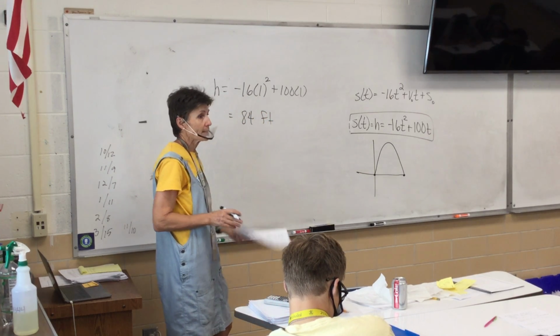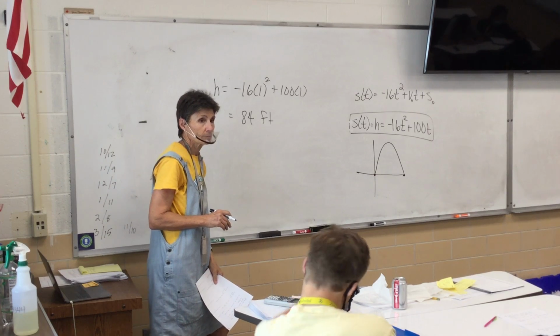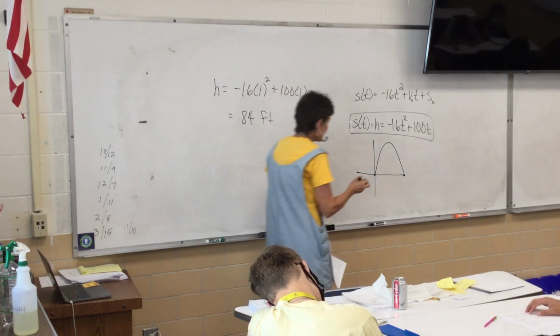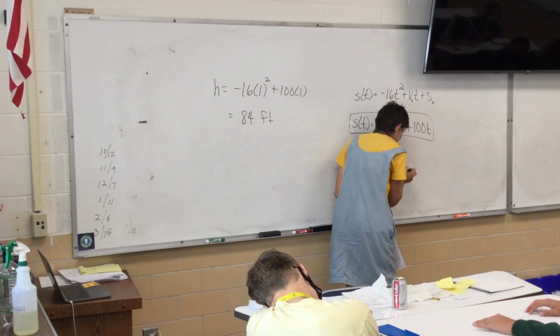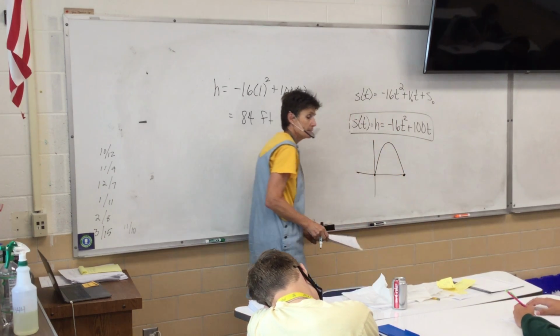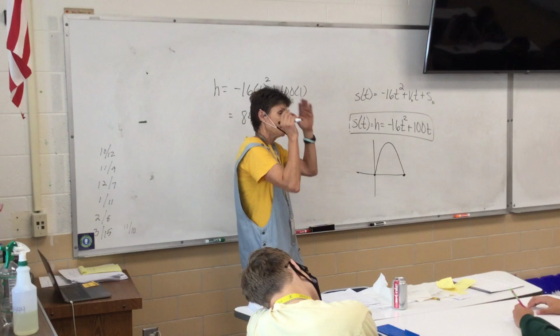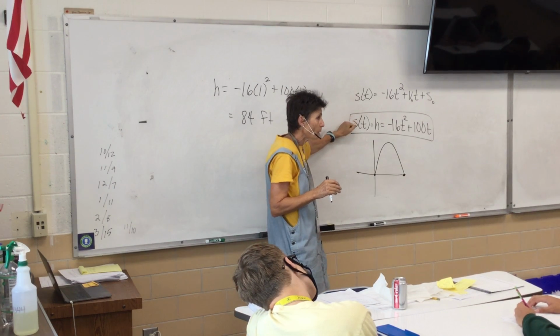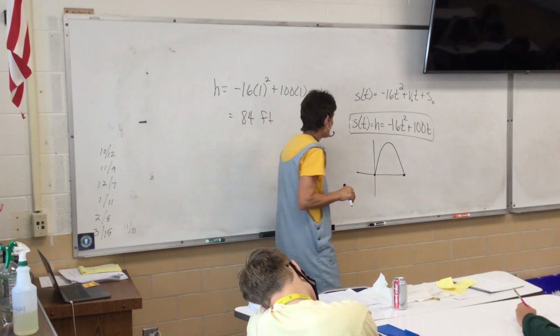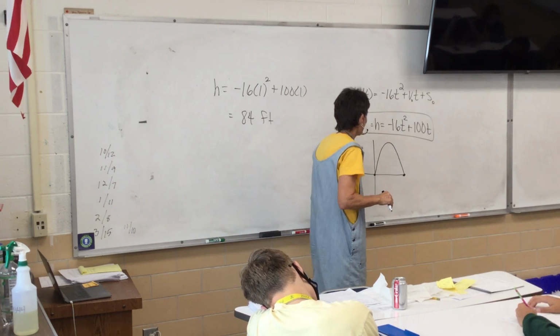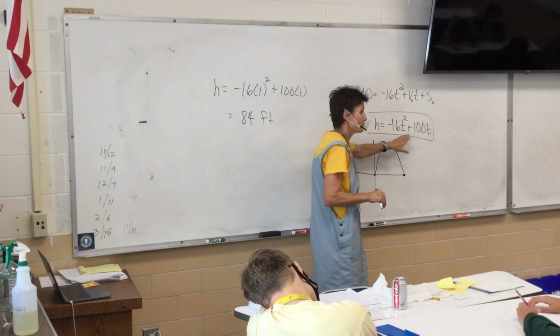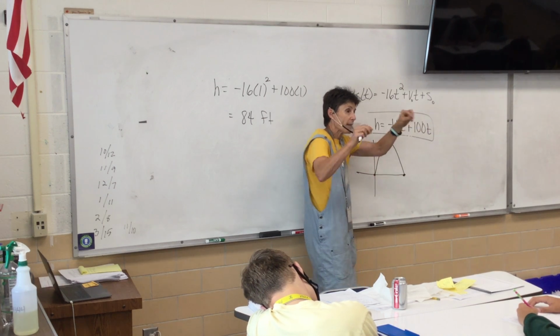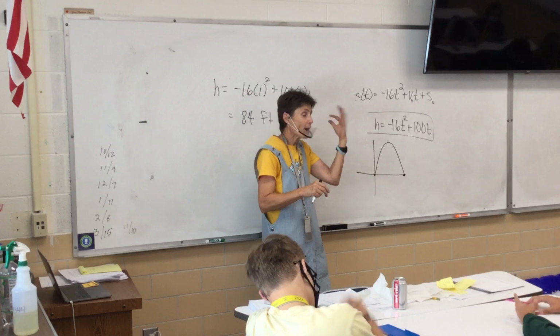Alright, when does the ball hit the ground? So now I am interested in this point right here. Now you guys, listen to me. It's just like before. Here's your equation. You either know an H or you know a T. To answer these questions, you have to know one.